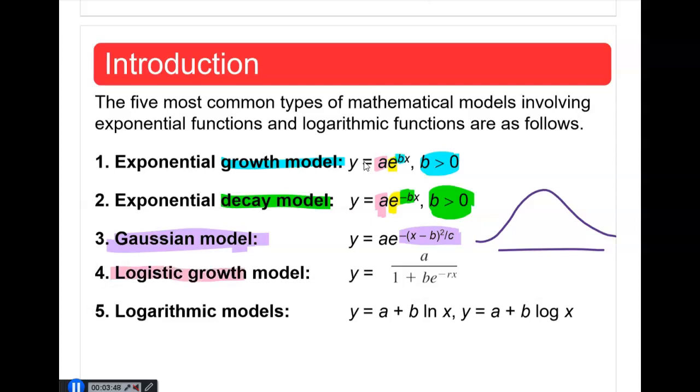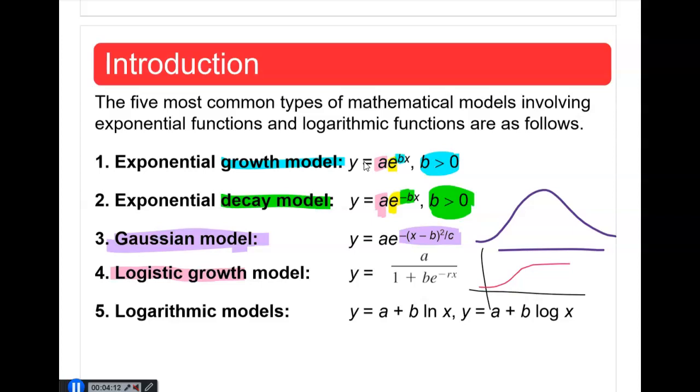The logistic model is kind of like an exponential combined with a constant function. So we will see the graph, but something that will grow exponentially and then perhaps level off. That will be a logistic growth model.